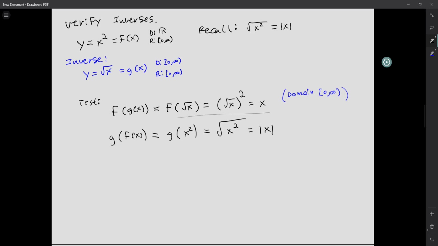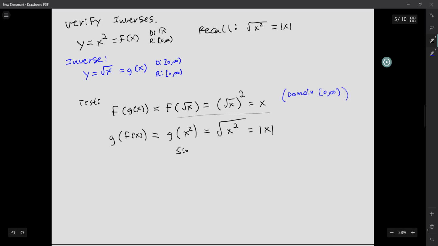Positive or negative that gets plugged in, I square it, it's going to turn into a positive number, because when you square negatives, you get positives. And then when you take the square root, you can only get a positive number as a result. I mean, technically, there are two square roots, the positive one and the negative one, but when we do it, we usually only care about finding the positive one. So this answer is equal to absolute value of x.